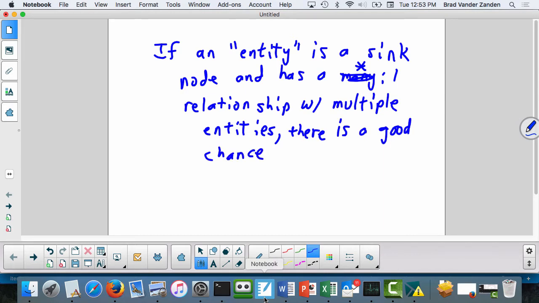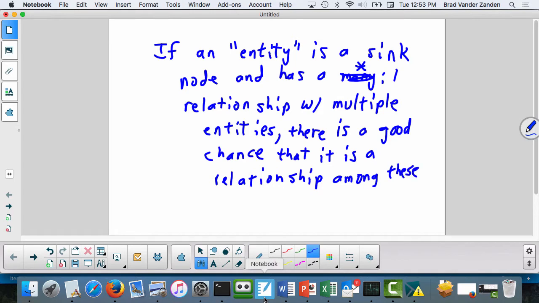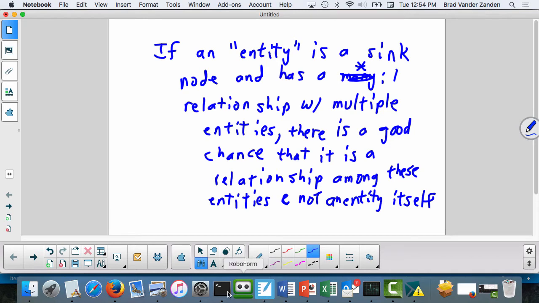Not guaranteed, but there is a good chance. So you should always check: if you see a sink node with multiple many-to-one relationships, good chance that we're looking at a relationship.